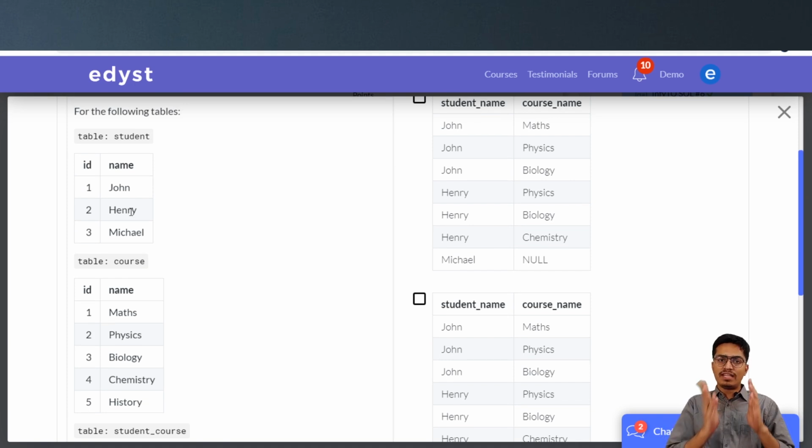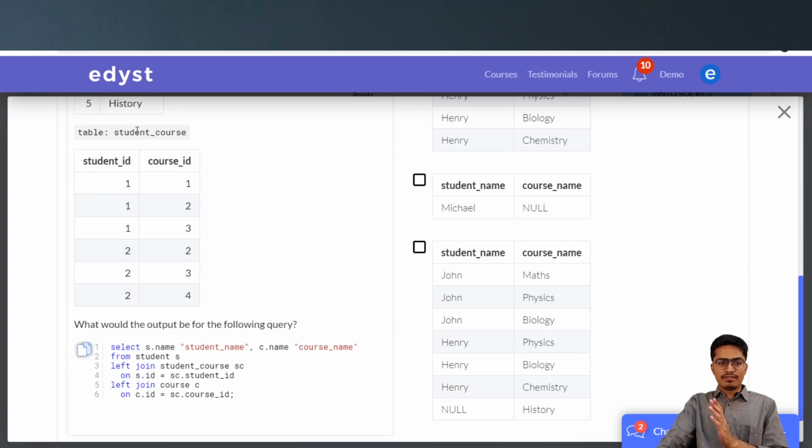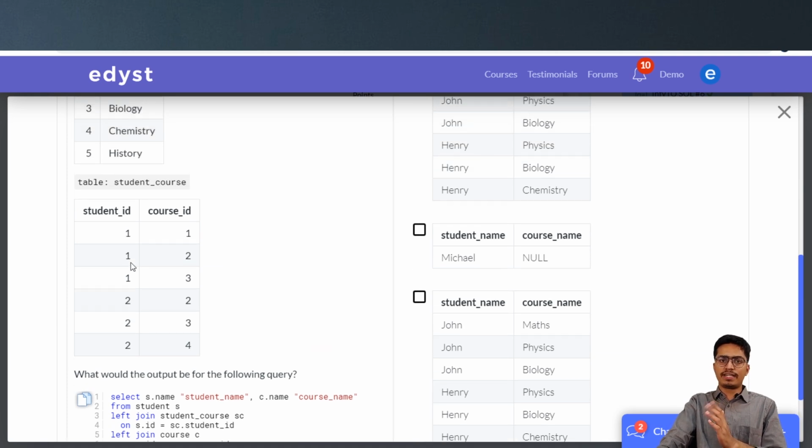What row on the left, student here is on the left, did not match with the table on the right? This row, because there is no student.id equal to 3 present in this particular table, since we're joining on that condition.